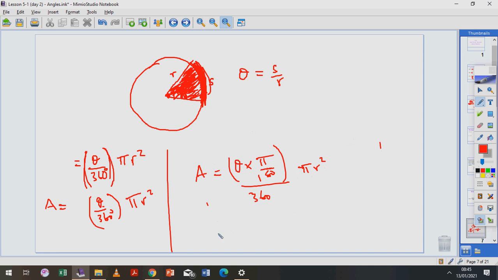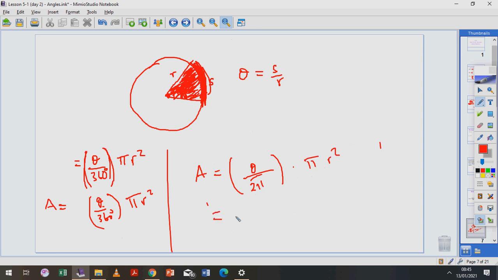Because you wanted it in radians, it would be over 2 pi. I'm changing the 360 degrees to radians, and 360 is the same as 2 pi radians. Yeah, that's a simpler way. Then times pi r squared.